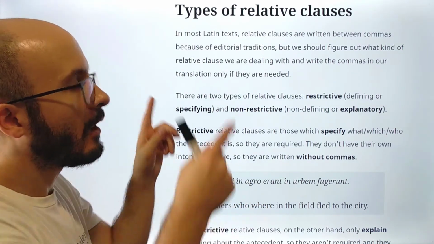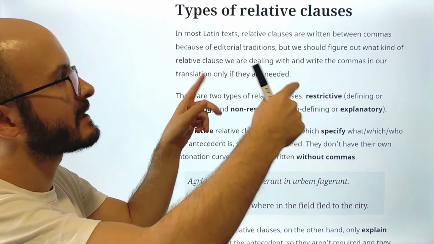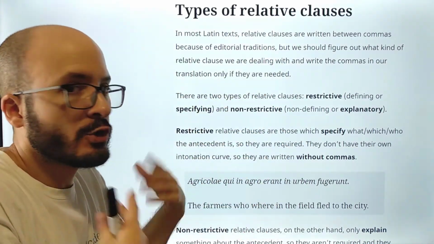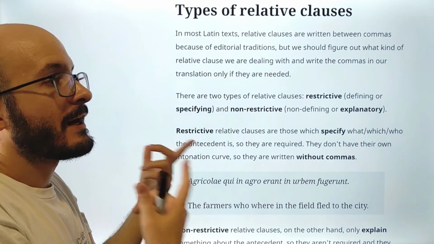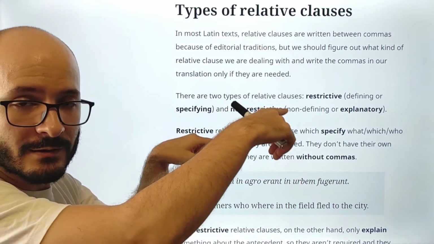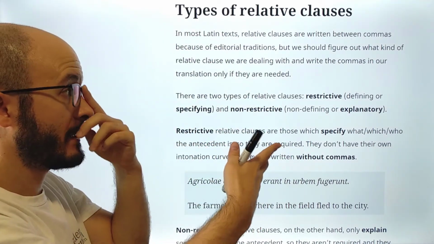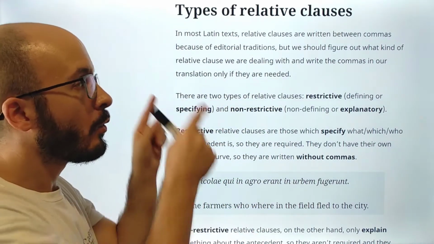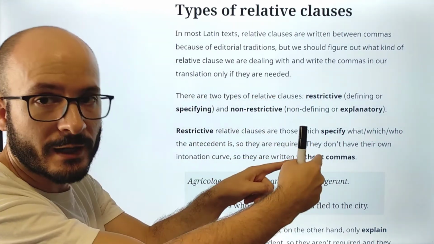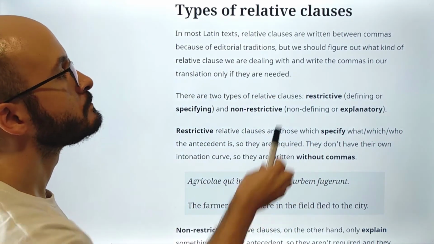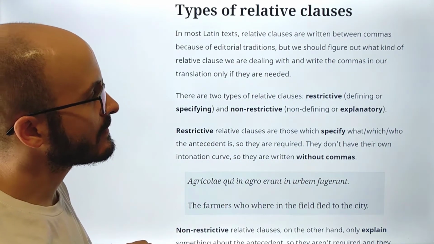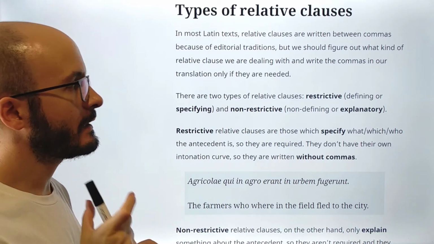So always or most of the time, relative clauses are written between commas, but as you should know, in English, there are two different kinds of relative clauses, those written between commas or without commas. So we have to see what kind we have in Latin to either write or not write commas in English. We should figure out what kind of relative clause we are dealing with and write the commas in our translation only if they are needed.